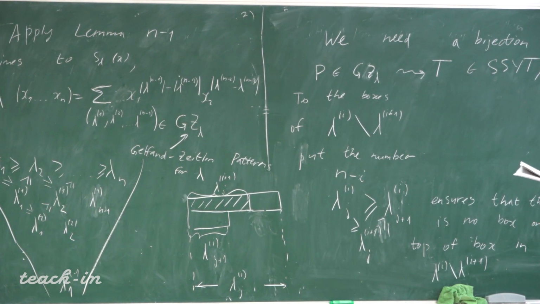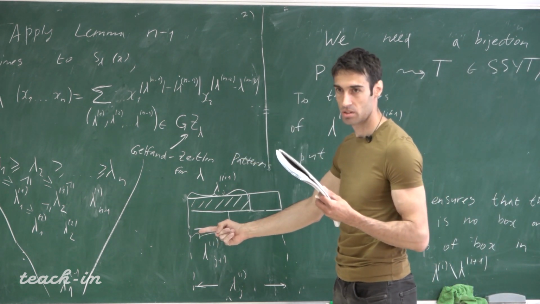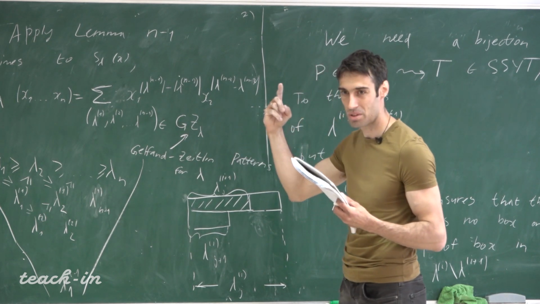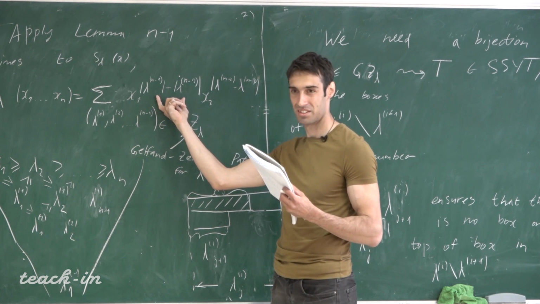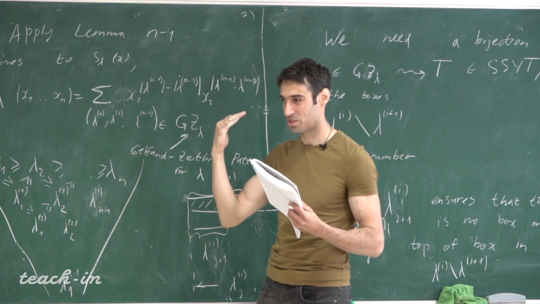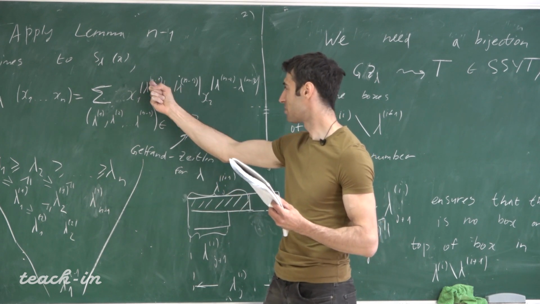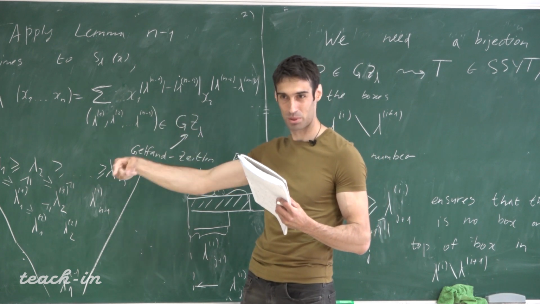So I think we proved everything, did we? Yes, almost. I constructed a bijection, and in my construction, this number is the number of ones. It's exactly the boxes that are in n minus 1 but not in n minus 2. These are where I put ones.